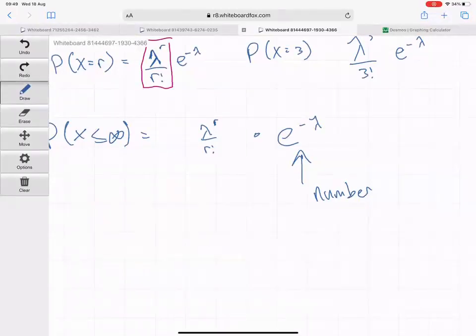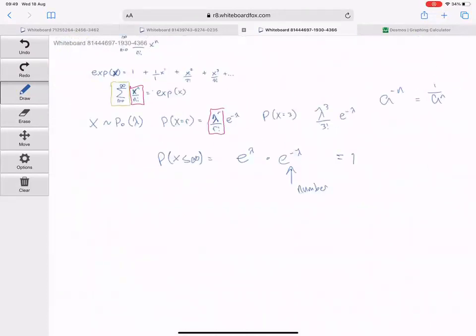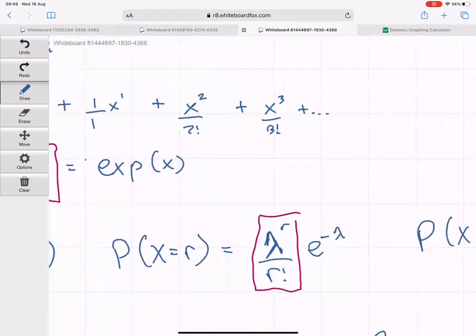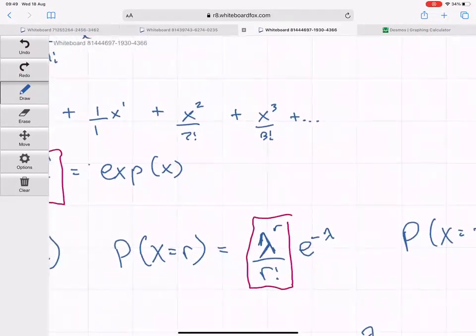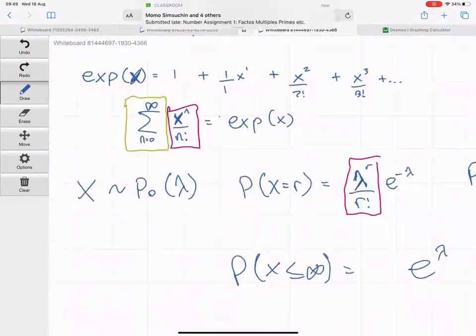That's just going to be e to the lambda. So in the limit as n tends to infinity, this tends to e to the lambda, and then that would tend to 1. So that's basically saying that the probabilities for all of them will add up to 1. But if you pick out individual ones, then they'll have a finite probability between 0 and 1, according to the formula.